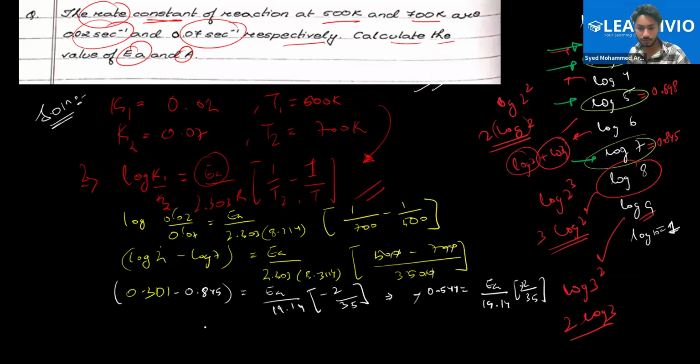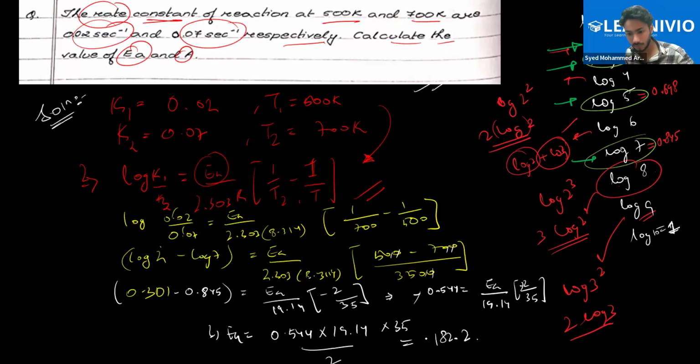Minus and minus are going to be cancelled out with each other, and the value of EA would be 0.544 multiplied by 19.14 multiplied by 35 divided by 2. After calculating all of this, the answer would be 182.2 joules.